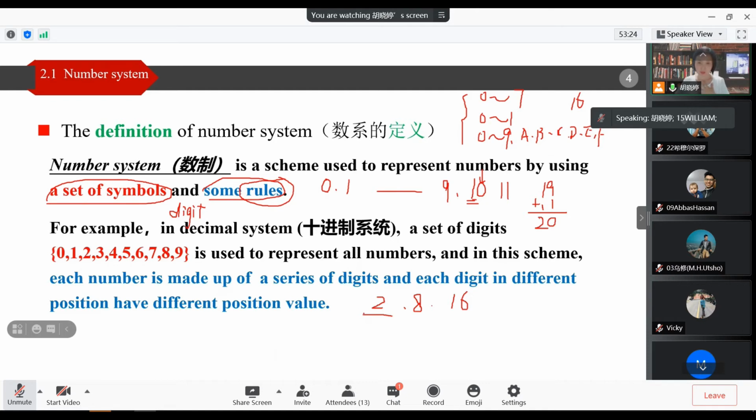Okay, so did you understand my question? Okay, so my question is, for the binary system, what will be the set of symbols and what will be the rules?